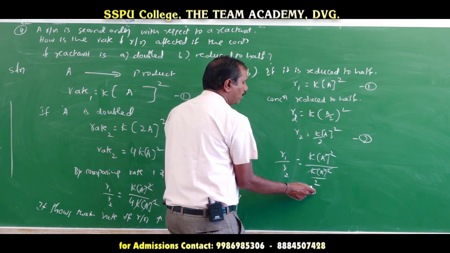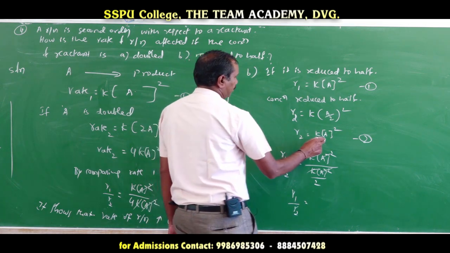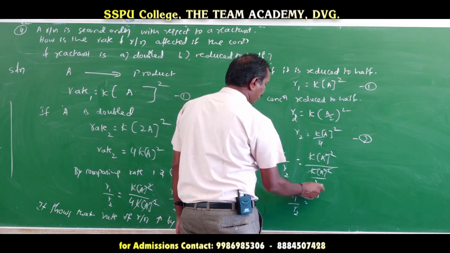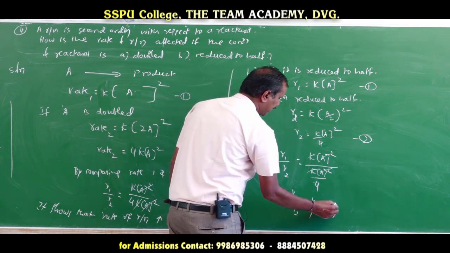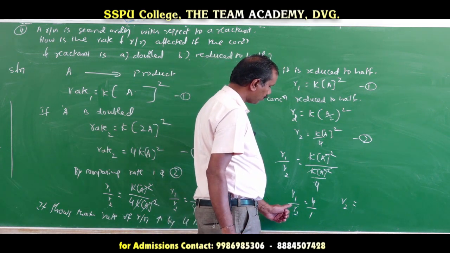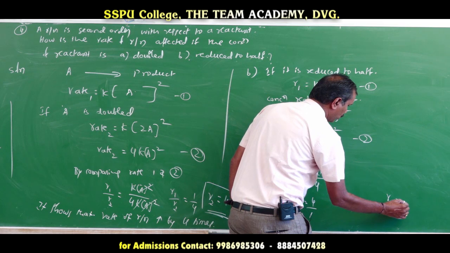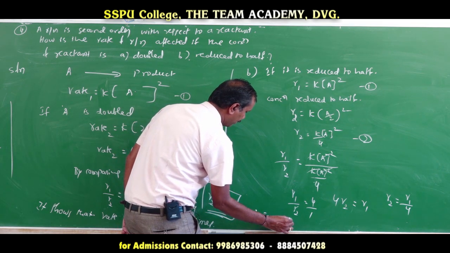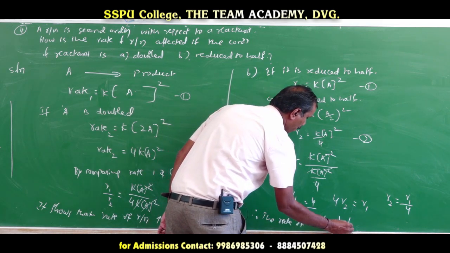This is 1 divided by 1 by 4, so rate 1 by rate 2 equals 4 by 1. That means rate 2 is equal to rate 1 by 4, and therefore the rate of reaction decreases by 4 times.